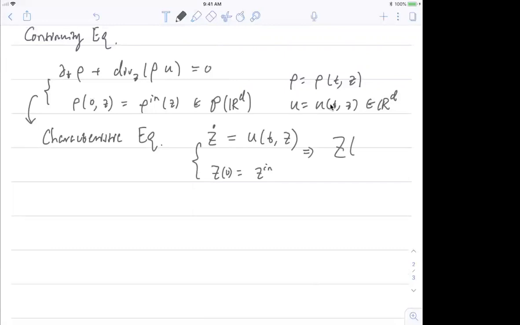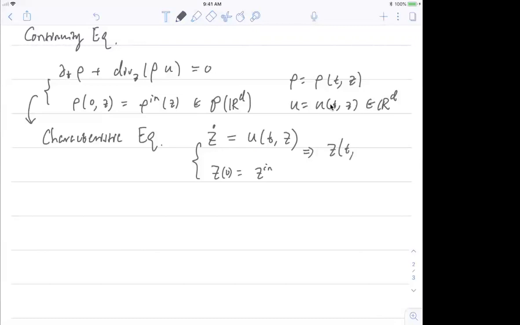So we can solve that. Let's say starting from initial data z initial, we can get a flow z at time t.